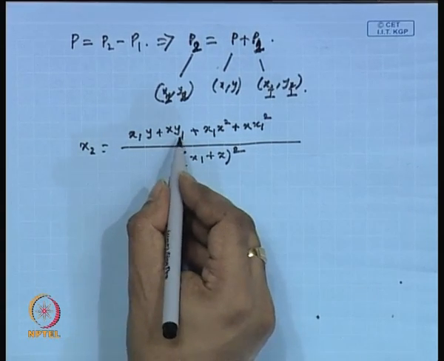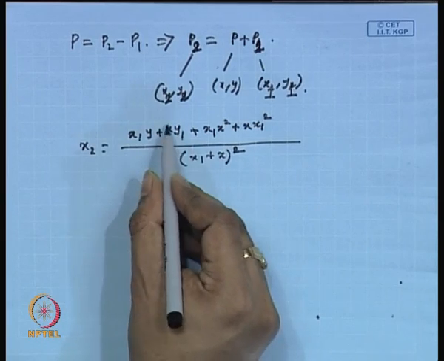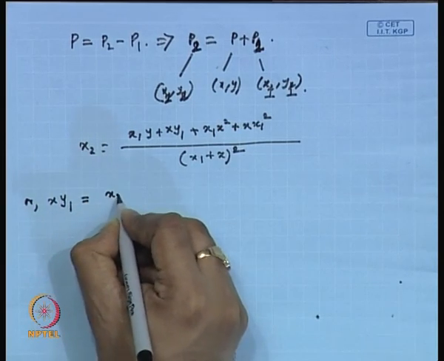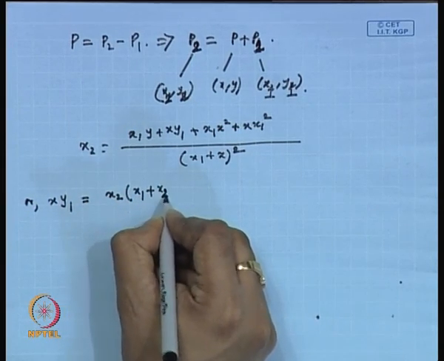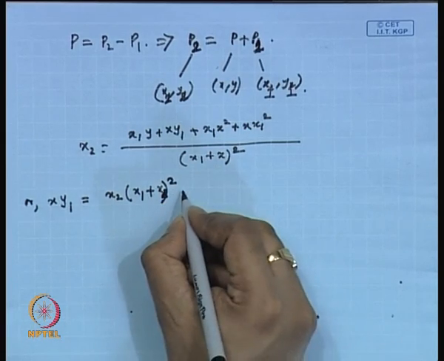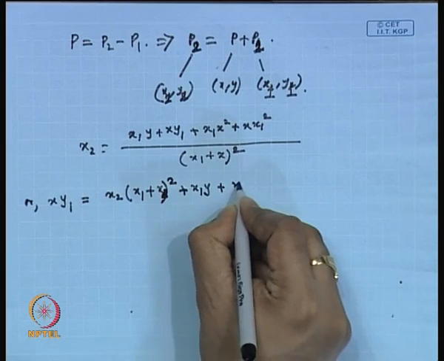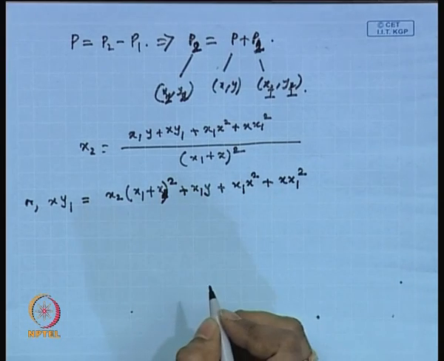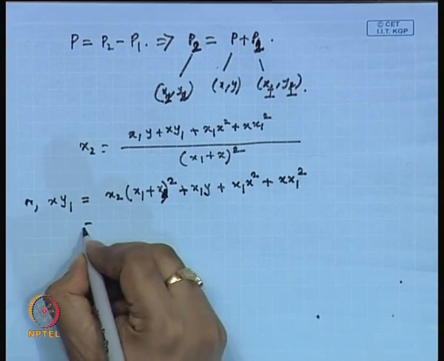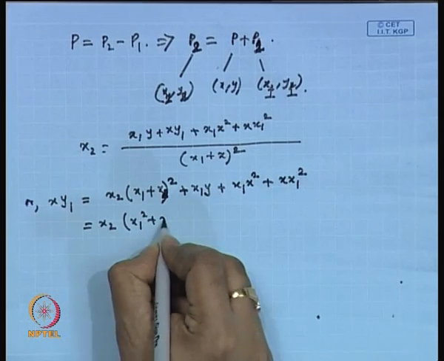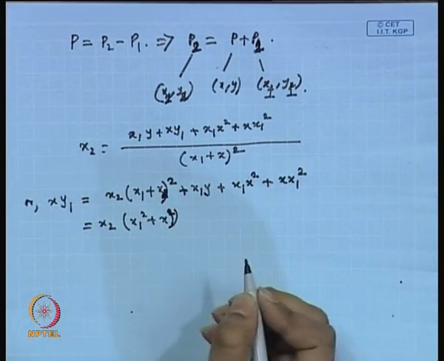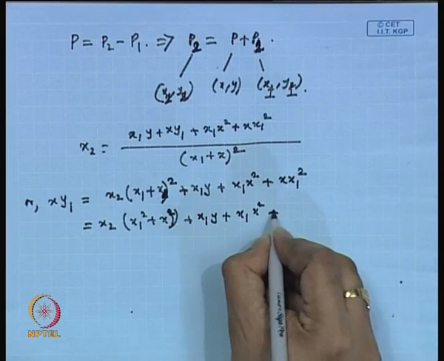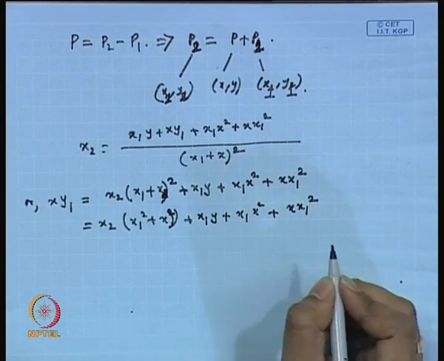So, therefore, if I want to obtain the value of x y 1, then I can express x y 1 as x 2 into x 1 plus x whole square plus x 1 y plus x 1 x square plus x 1 square, right. That is equal to x 2 multiplied by x 1 square plus x square plus x 1 y plus x 1 x square plus x 1 square.